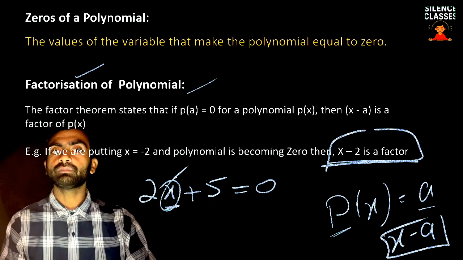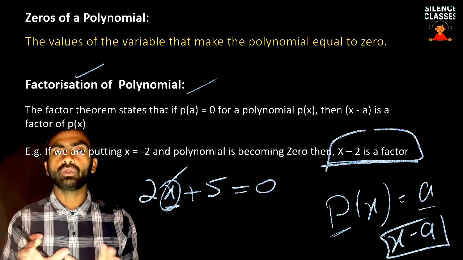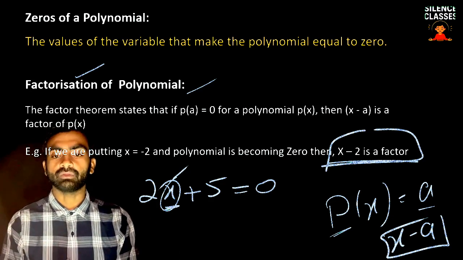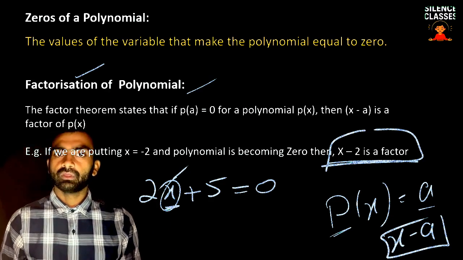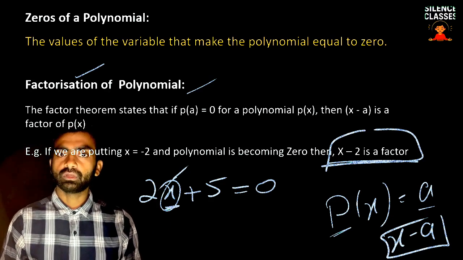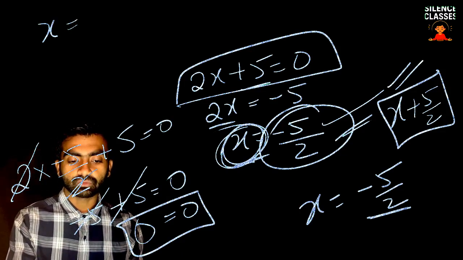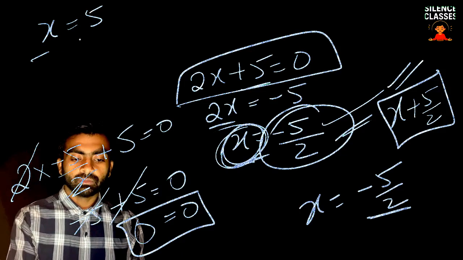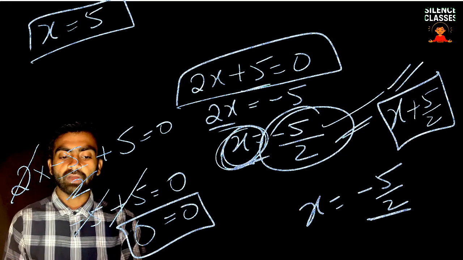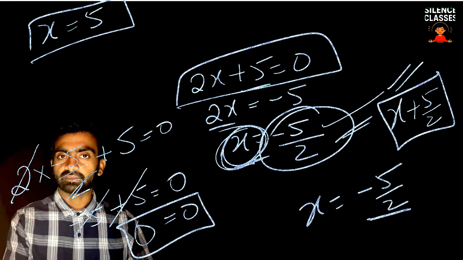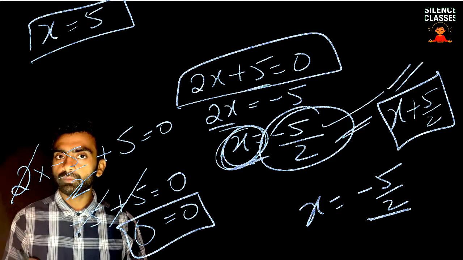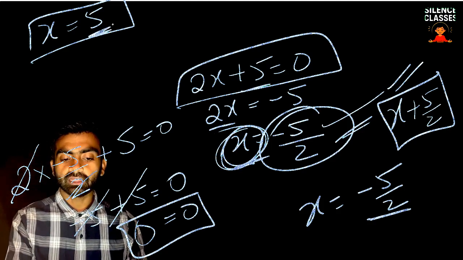So if we know the zero of the polynomial, we can easily find the factors. I hope you guys understood how we have to find it. If it is written that x equals 5, it means if we place 5 in the place of x, the polynomial will become 0, so the zero of the polynomial is 5.